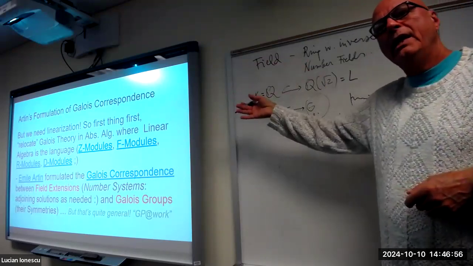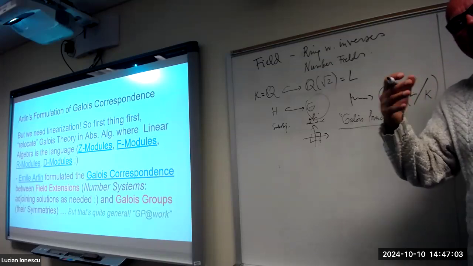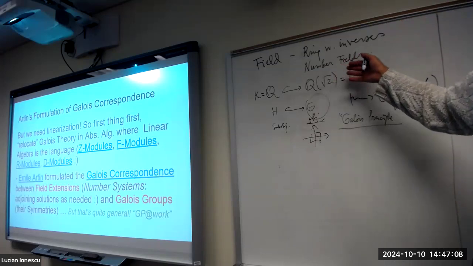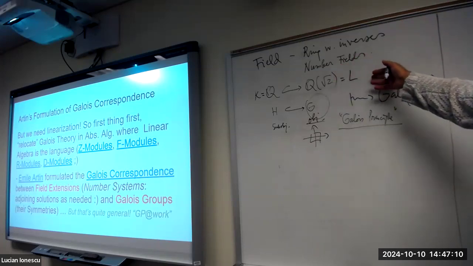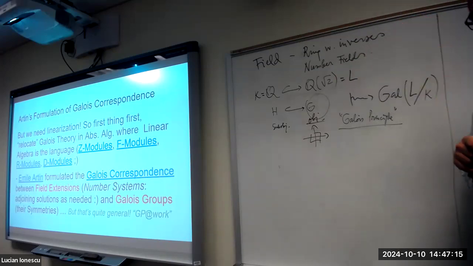But if you look back at Klein, that's also the definition of an abstract geometry. So again, it's the same overall pattern, which applies not only to this algebraic context, but also to the geometry context. So Emil Artin reformulated Galois theory and Galois correspondence between fields and their Galois groups or symmetries.